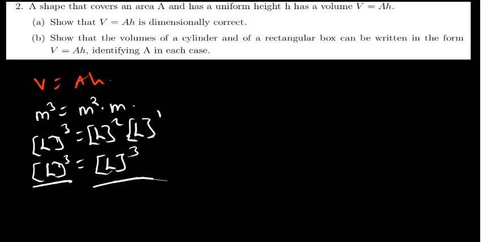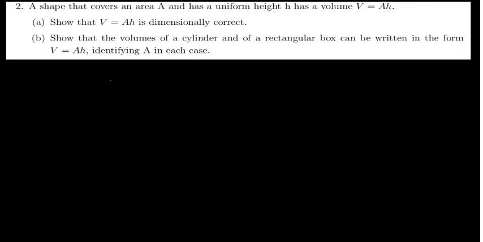Okay, now the question is asking us to show that the volume of the cylinder and the rectangular box can be written as V equals A h. They're asking about two shapes. Do you know what a cylinder is? What is a cylinder?